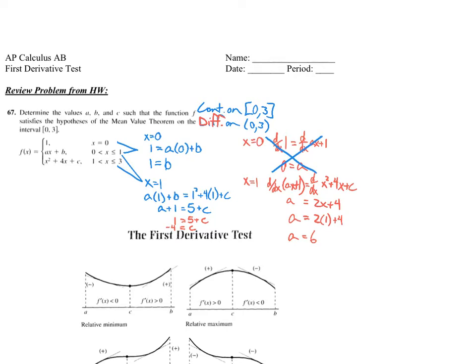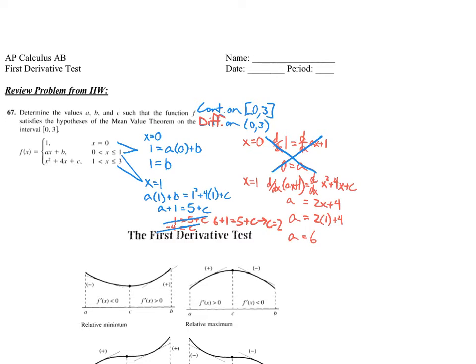No. Okay? So if I let a equal 6 and then I come back over here, and let's get rid of this and redo this with a being 6, that means 6 plus 1 equals 5 plus c, so that means c has to equal 2. 7 minus 5. Alright?